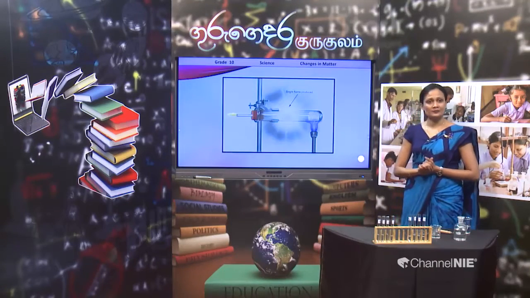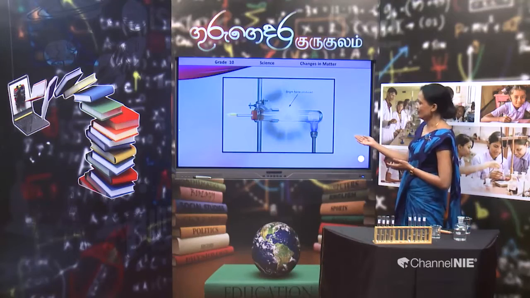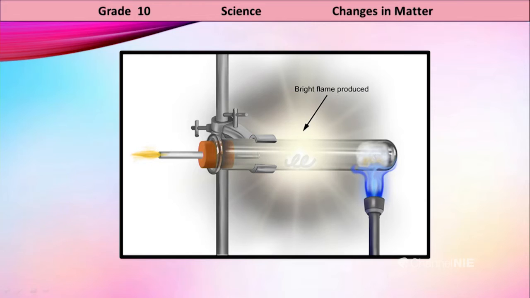Look at this one. In this picture, you can see a test tube and inside it a magnesium ribbon, and here the burner.